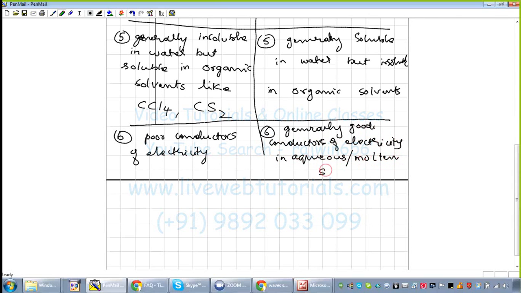They will not be able to conduct electricity in the solid state because the ions which are there will not be free to move. So these are the comparative properties of covalent and ionic compounds.